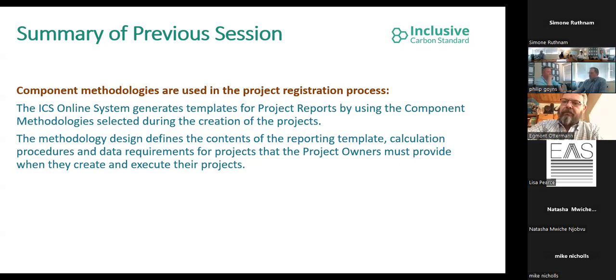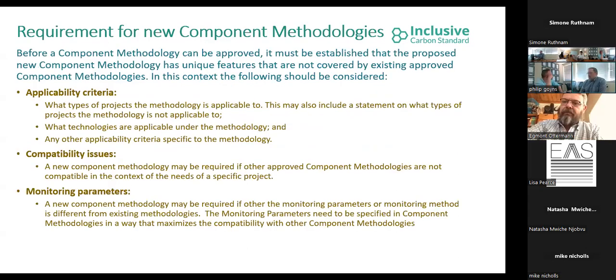So within the component methodologies, the framework is very broad in the sense that you can define what is required by your component methodology. The standard provides some guidelines in terms of what a component methodology needs.